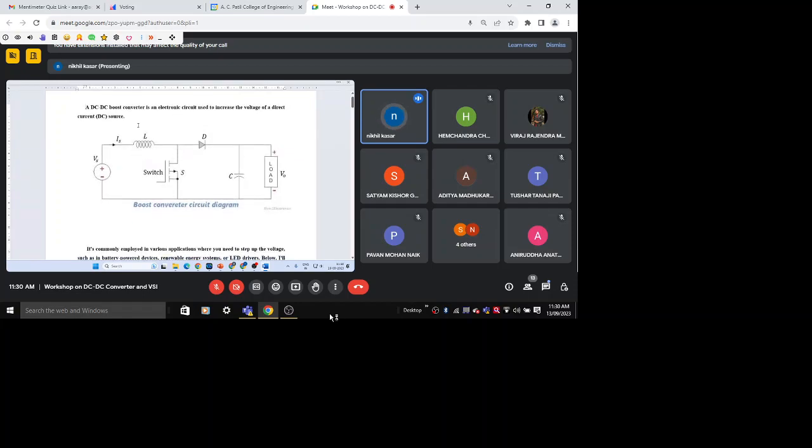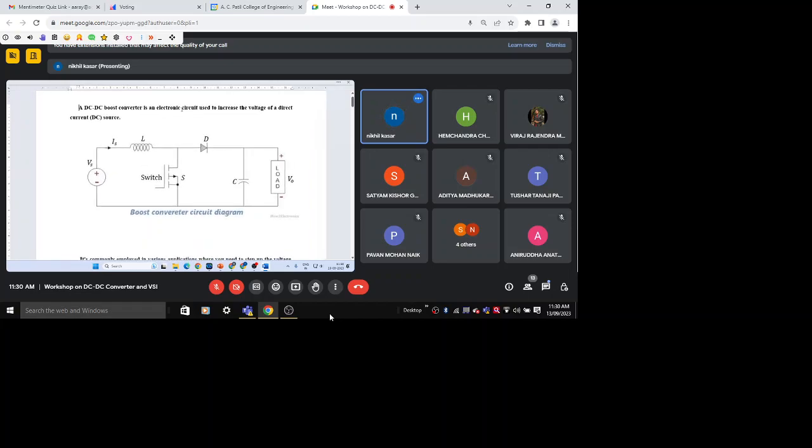Okay. So, what is the definition? The DC to DC boost converter is an electronic circuit which is used to increase the voltage of a DC source. I can relate this with a step up transformer in case of AC. What is the application of a step up transformer? Or what is the main feature of a step up transformer?